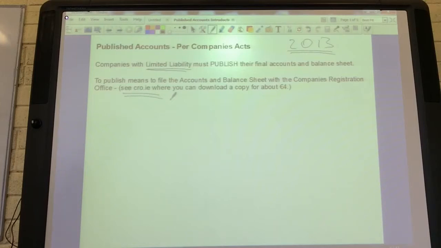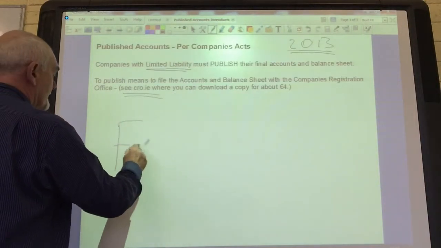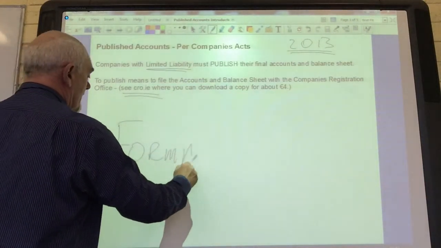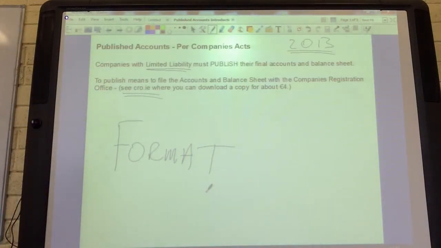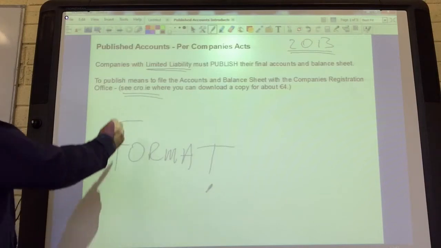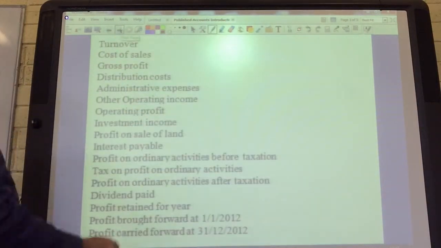So the challenge for the student is to more or less learn off the correct format of these final accounts, what they look like. And we're going to take, as I said, the 2013 year as an example. So let's look at what the final accounts will look like.